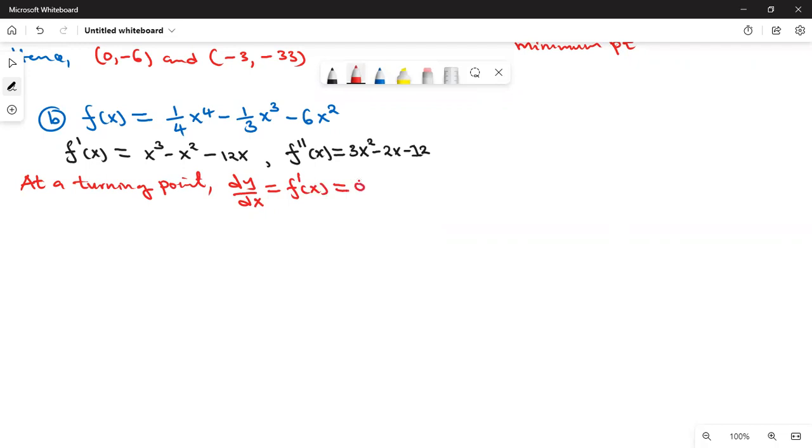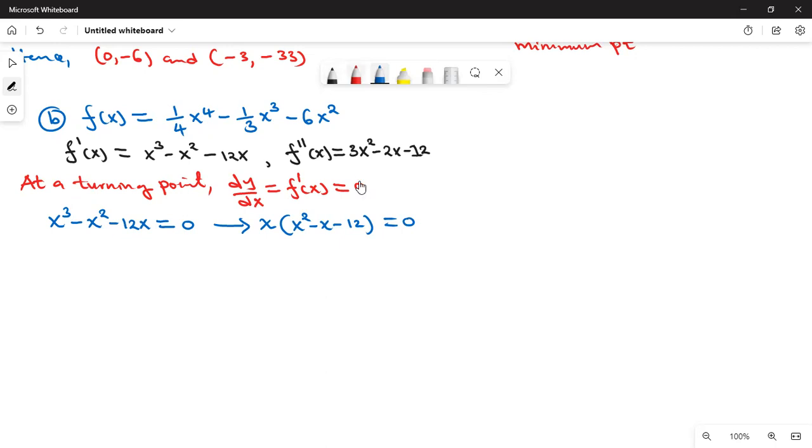So let's equate f prime of x to 0. What are we going to get? We are saying that x cubed minus x squared minus 12x equals 0, of which I can factorize this so that you see x is common: x outside, into x squared minus x minus 12 equals 0.